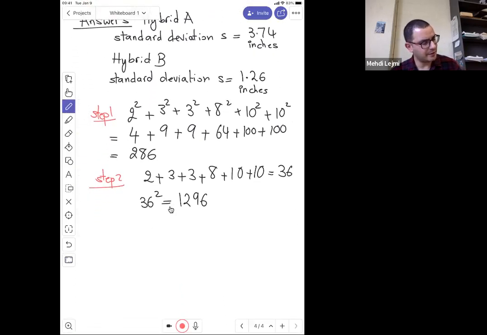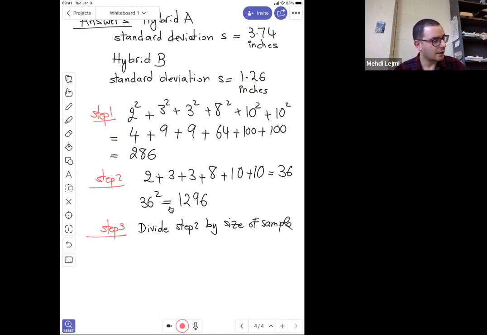So this is step 3. And here we divide the answer in step 2 by the size of the sample. Right?